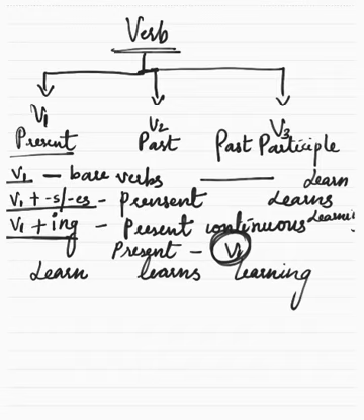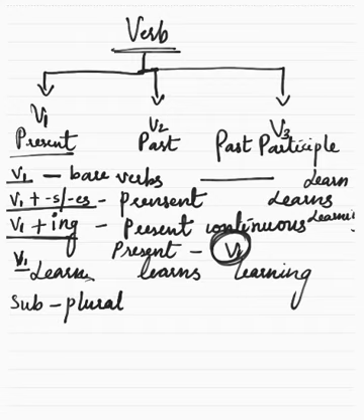Now we will know how to use them. Learn is the V1 form, the basic, bare V1 form. This form is used when the subject is plural.